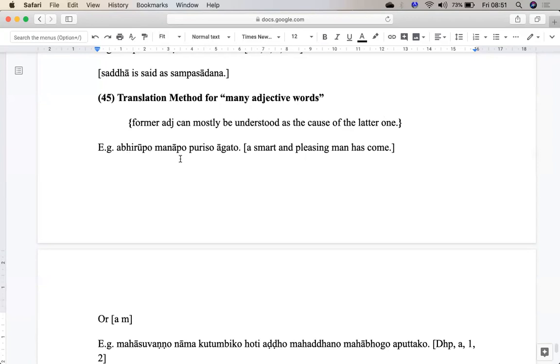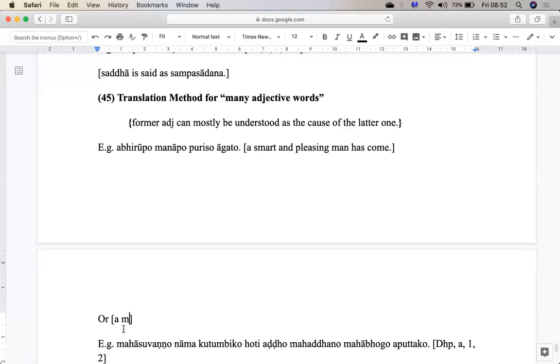He is pleasing because he is smart. When we see someone ugly, it makes us disappointed, but he is smart, so it makes us pleased. So abirubo is the reason for the manabo. In this way we can understand. For this method, the former adjective can mostly be understood as the cause of the later one.